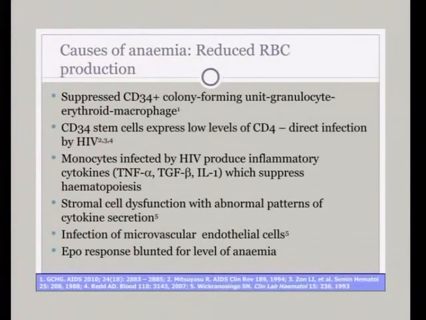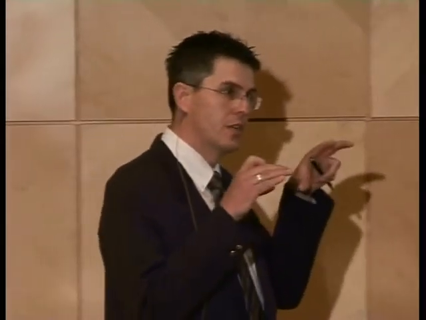There's a blunted response to erythropoietin, and therefore the erythropoietin receptors on the erythron will be less stimulated to produce erythroid cells. In addition to these, because those are the changes associated with HIV itself, there are other things that come into play.